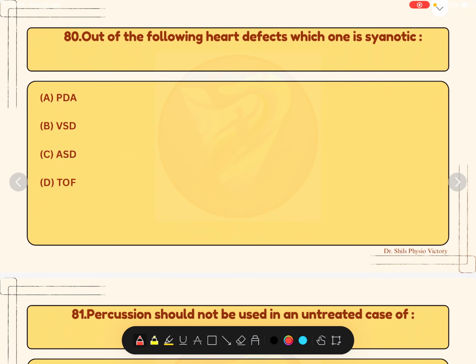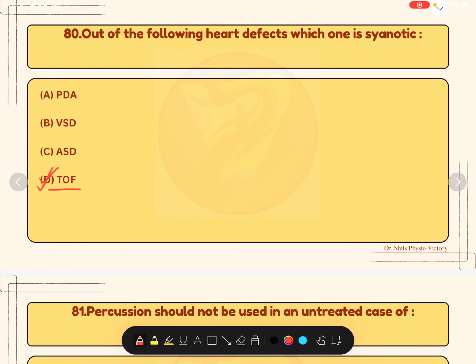Here, the correct answer is option D, TOF, or the tetralogy of Fallot, a congenital heart defect.